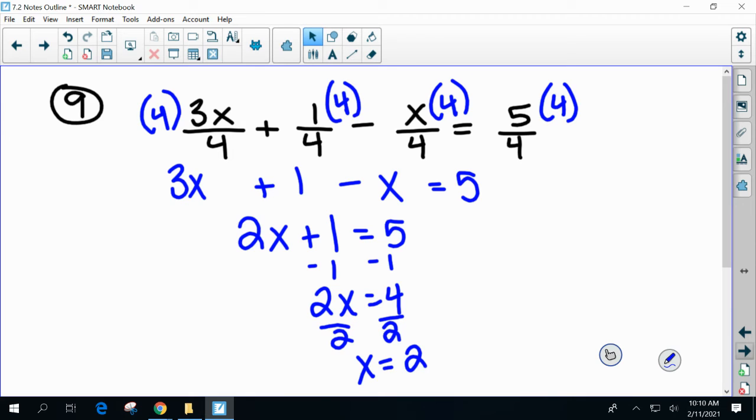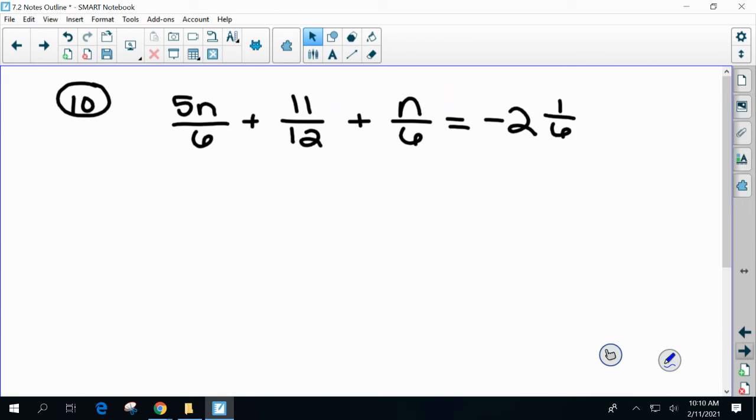Okay, so if you look at number 10, we have the same thing going on. So our denominators are 6 and 12. So out of the two, what's the common denominator? You can't have a common denominator that's smaller than one of your denominators. So 12 has to be our denominator. Before I start multiplying, let's convert this to an improper fraction. So what is negative 2 and 1/6?